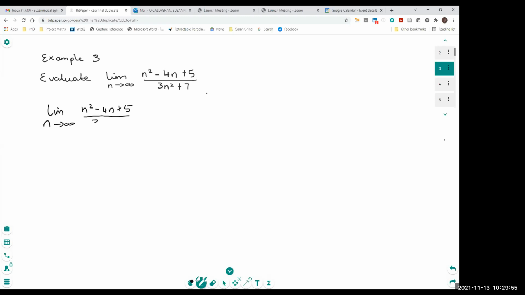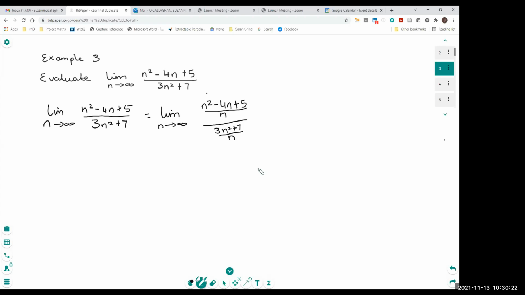all over 3n squared plus 7, is equal to the limit as n approaches infinity of n squared minus 4n plus 5 all over n, and that's all over 3n squared plus 7 divided by n.